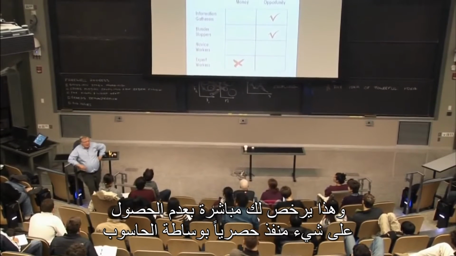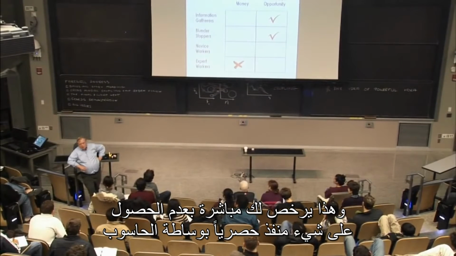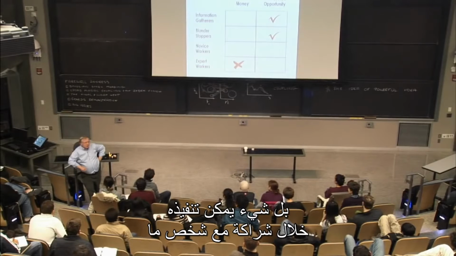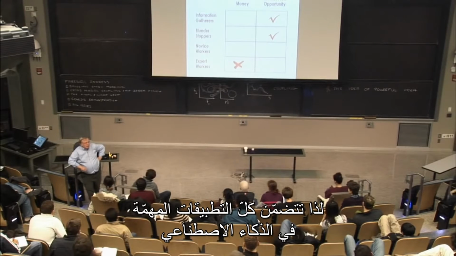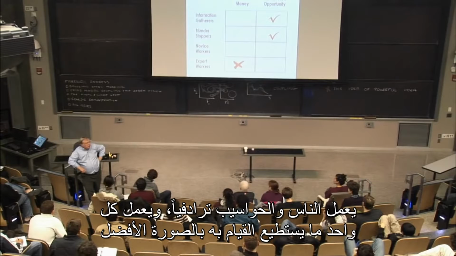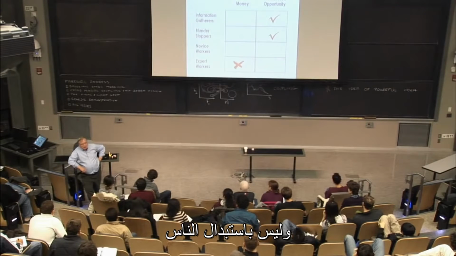And that at once licenses you to not have something done exclusively by a computer, but something that can be done in partnership with a person. So all of the important applications of artificial intelligence involve people and computers working in tandem, with each doing what they do best, not with replacing people.